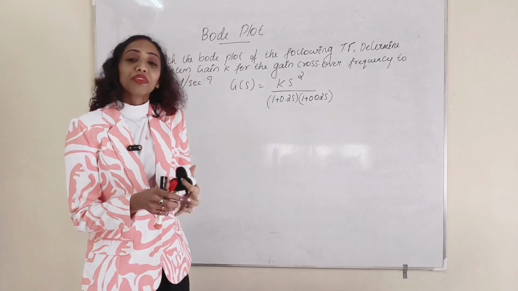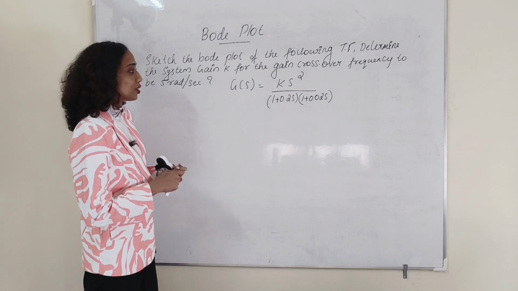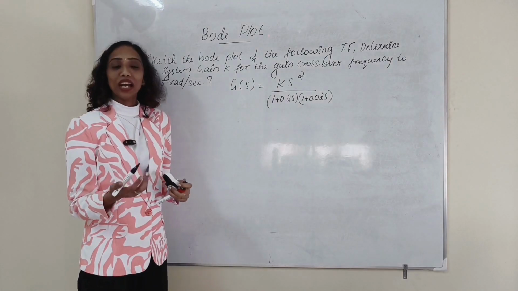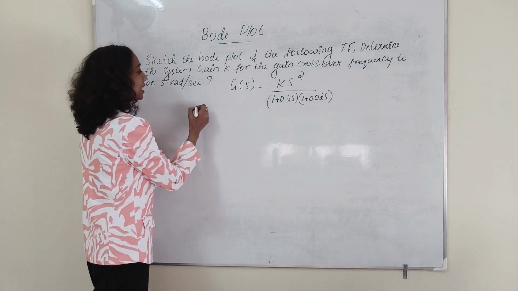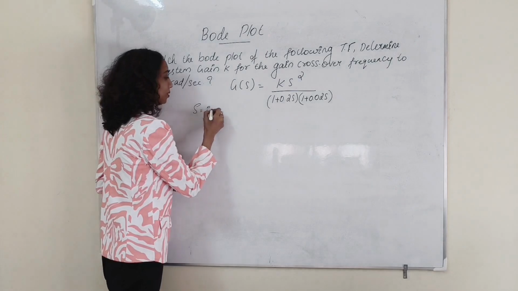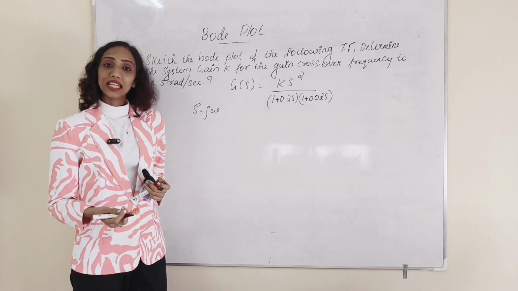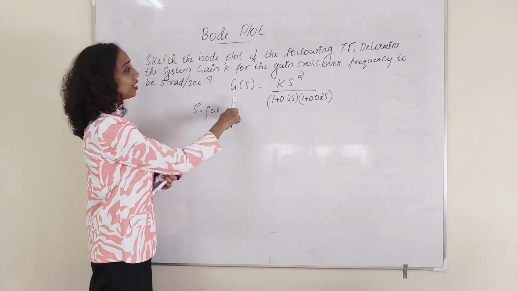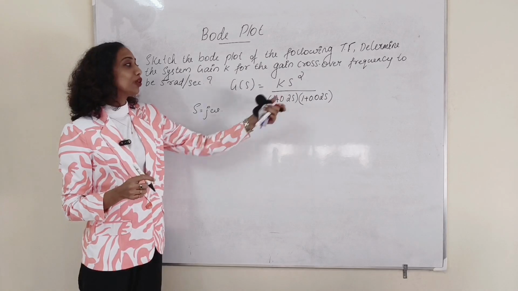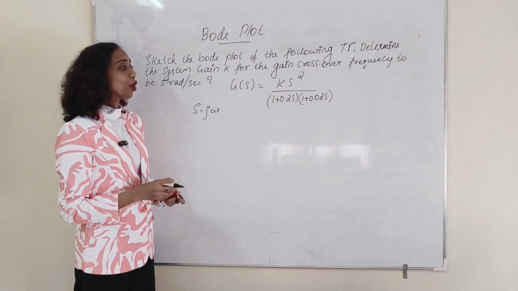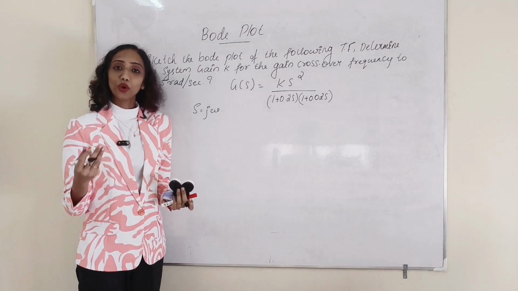For converting s domain to frequency domain, just assign s is equal to j omega. Here, G of s is equal to K s squared divided by 1 plus 0.2 s into 1 plus 0.02 s.